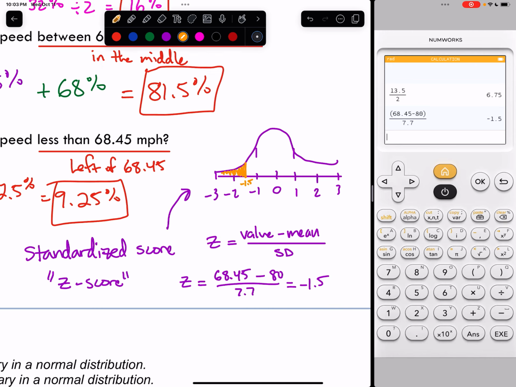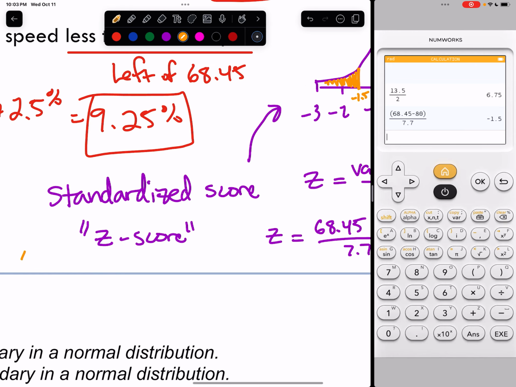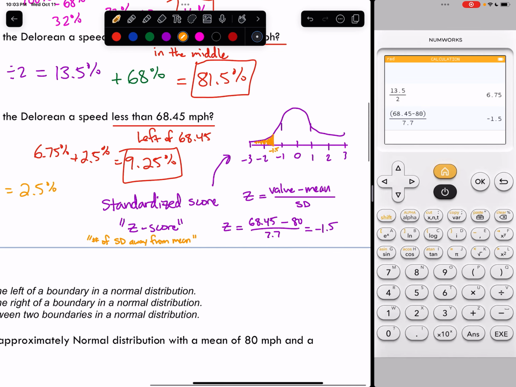And again, what this also means is the number of standard deviations away from the mean. So it's -1.5, to the left, 1.5 standard deviations away from the mean.